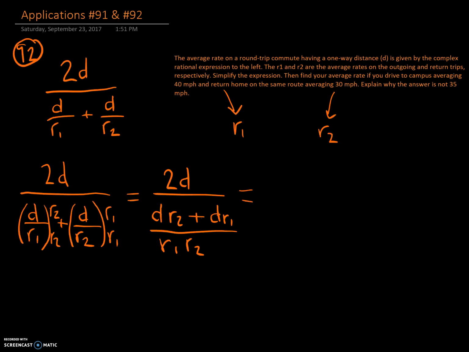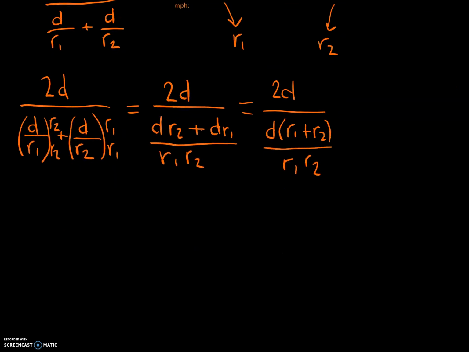Well, this is actually nice because we can say 2d all over, and I'm just going to group these. I can do r1 plus r2 in parentheses. That's all over r1 r2. Now, I'm going to bring the Yankees back. 2d divided by all of this.